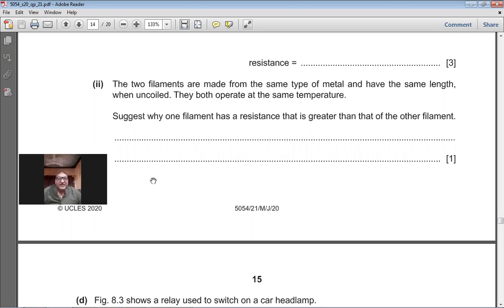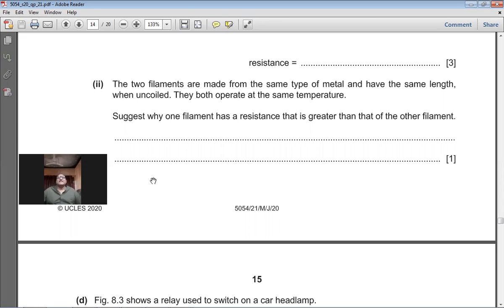The reason can then be their cross-sectional area. The first one, its resistance is 24 ohm, and the second one, its resistance is 6 ohm. So it means the 24 ohm resistor, its cross-sectional area is smaller as compared to the other one.